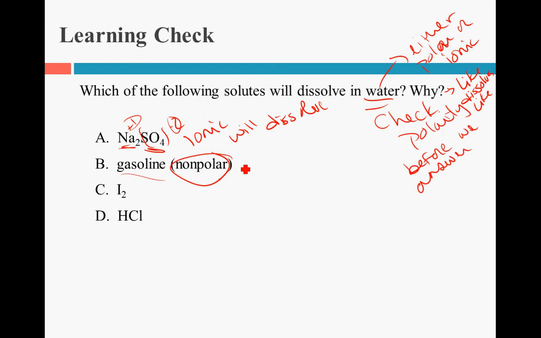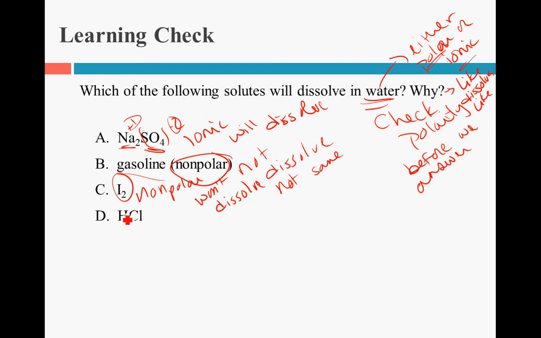Because it's nonpolar, it has to be polar or ionic to dissolve in water because water's polar. It will not dissolve. They're not the same polarity. I2 is the same element bonded to itself. That means that there's not going to be any polarity here, which means it's nonpolar, which means it also won't dissolve.